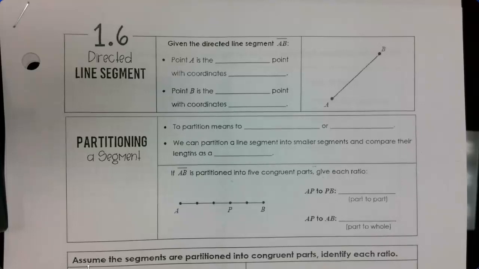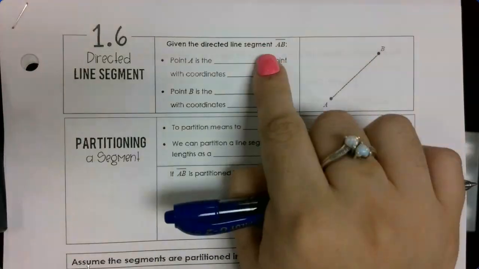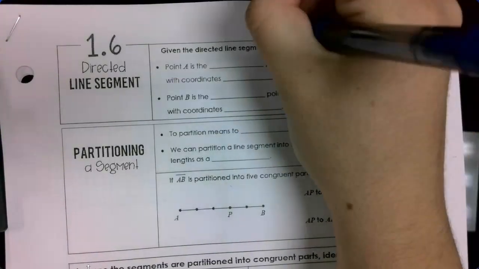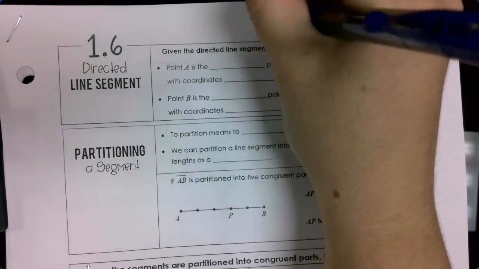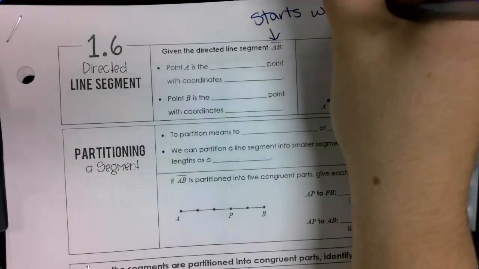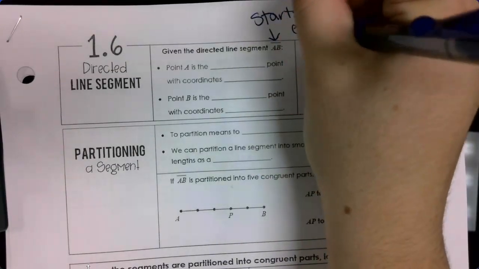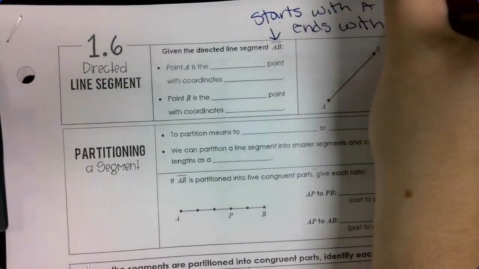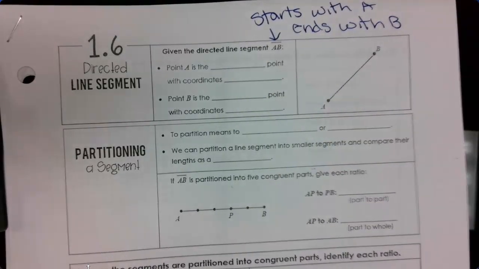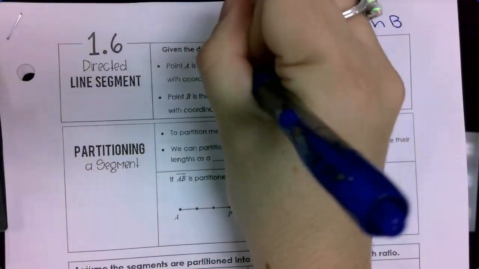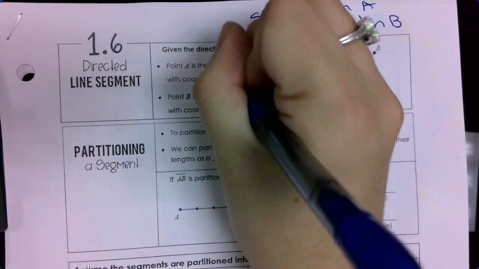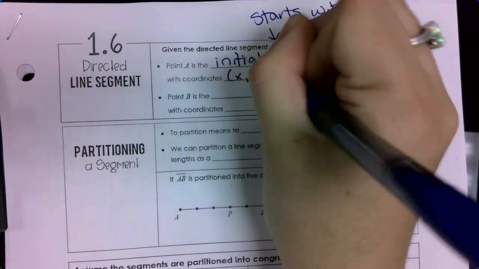So, this one, it says, given the directed line segment AB, this means it starts with A, ends with B. Point A is going to be our initial point with our coordinates x sub 1, y sub 1.